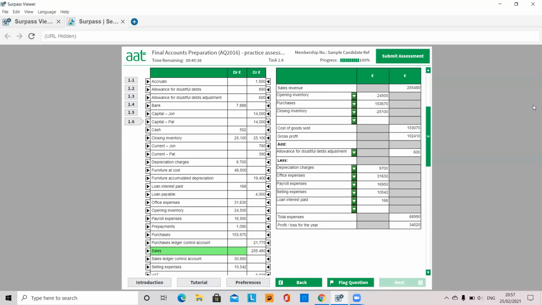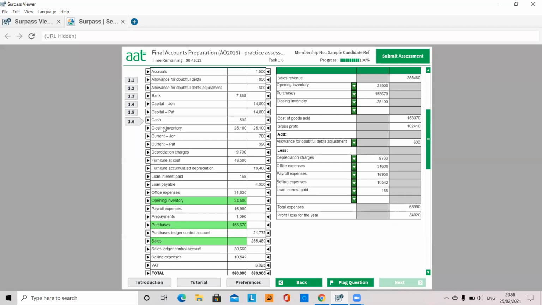Remember, you've got opening inventory, which the trial balance gives as 24,500, plus purchases of 153,670, and then we've got our closing inventory of 25,100.